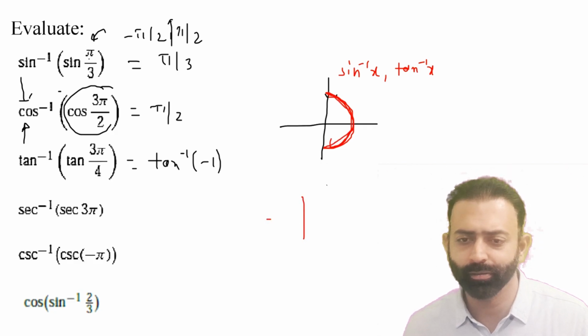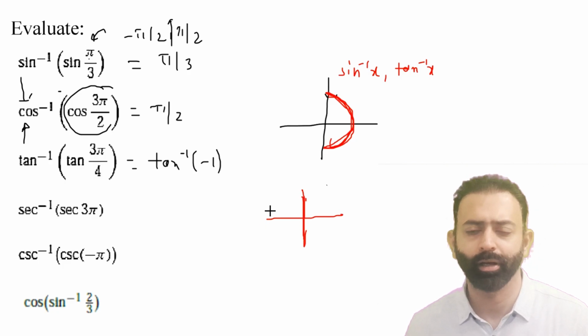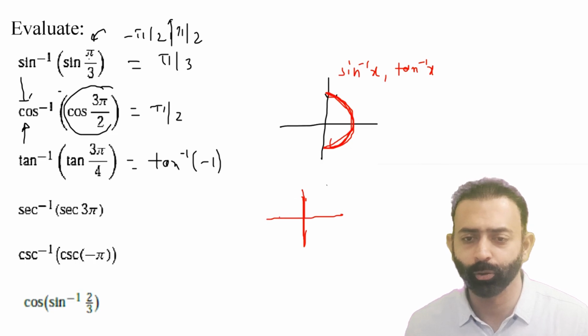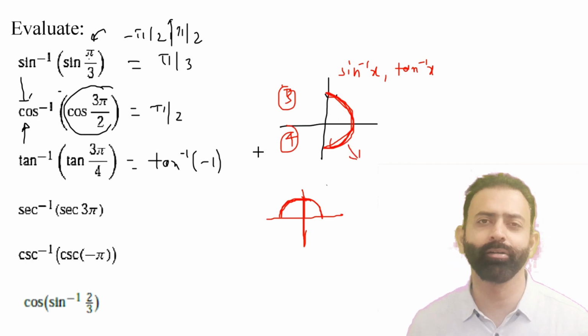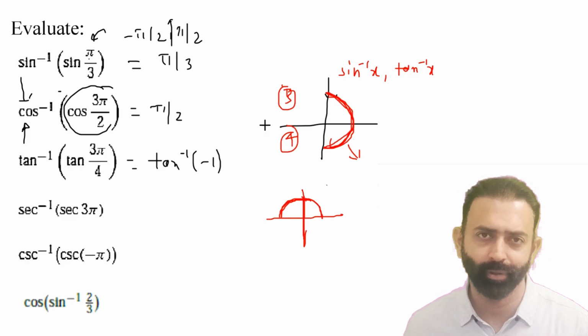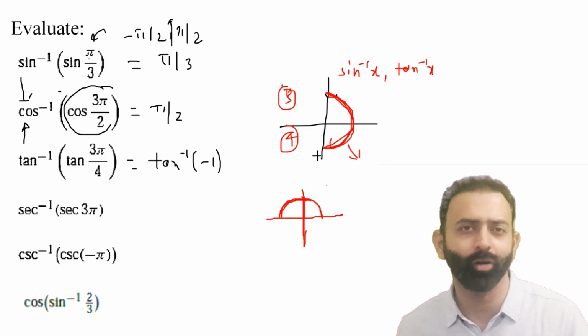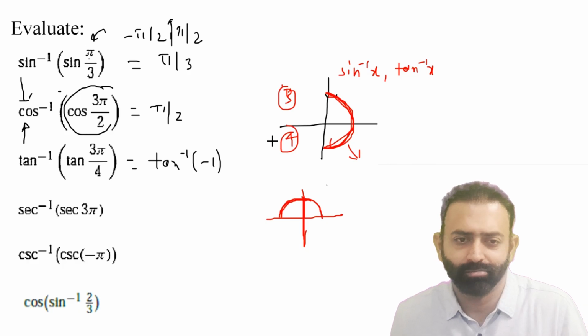And for cos inverse, we will deal with 0 to π. So if the angle is lying in the third quadrant or in the fourth quadrant, we try to bring these angles into this domain. The angle in the fourth quadrant will be written clockwise, right?